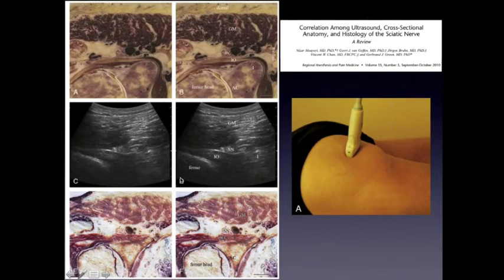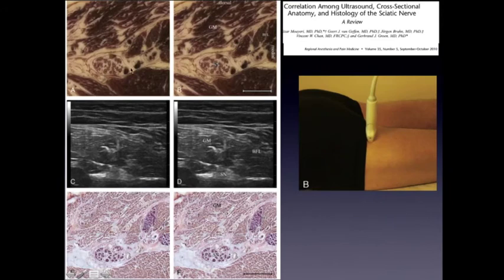Here we are at the subgluteal or infragluteal level, in which you can see again. This is cross-sectional. We can see muscle. We can see the structure of the sciatic nerve here, and it's interesting to understand that this is completely different from what we see with the ultrasound image.